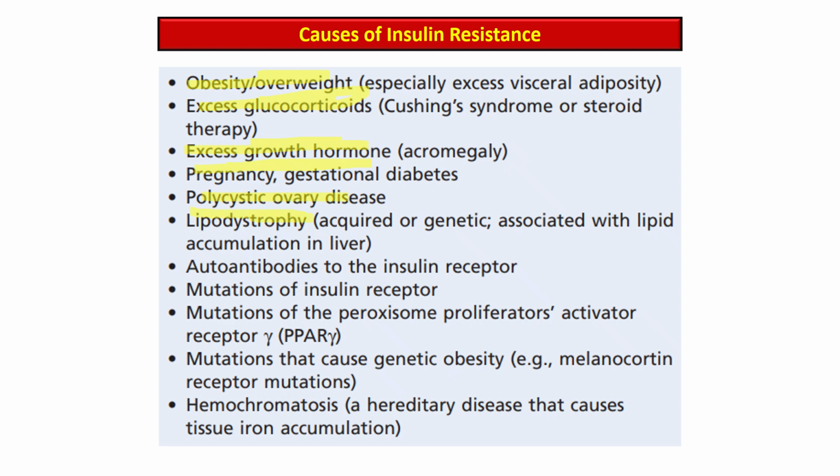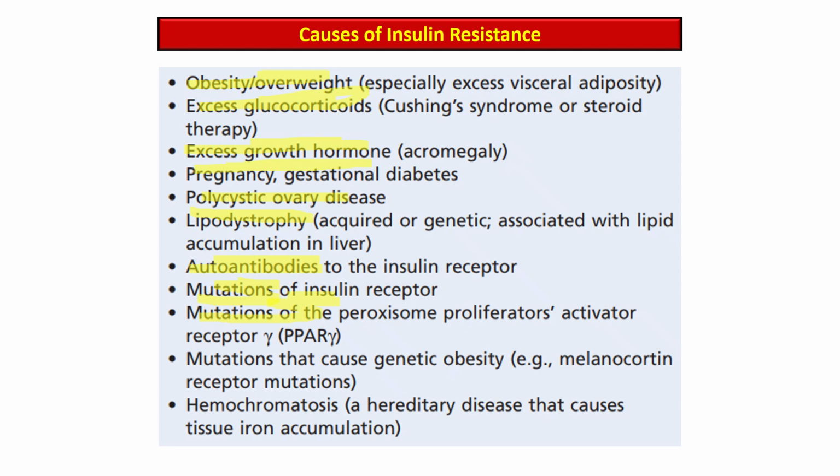lipodystrophy, either acquired or genetic, associated with accumulation of fat in the liver, autoantibodies against the insulin receptor. Then there are mutations in the insulin receptor and mutation of the peroxisome proliferator activated receptor gamma, PPAR gamma.